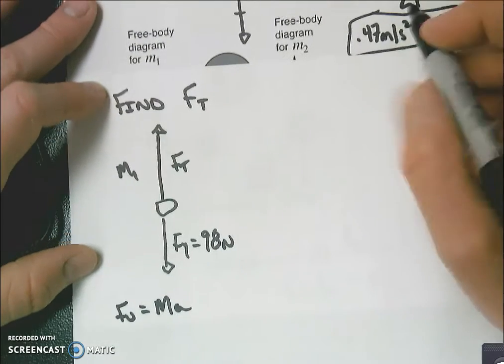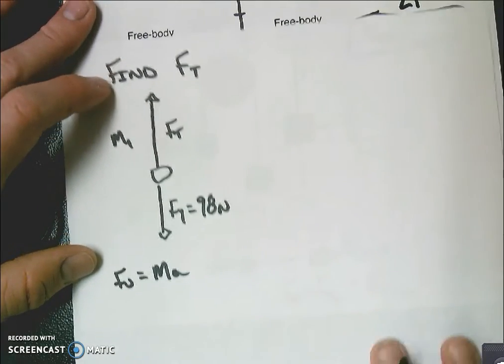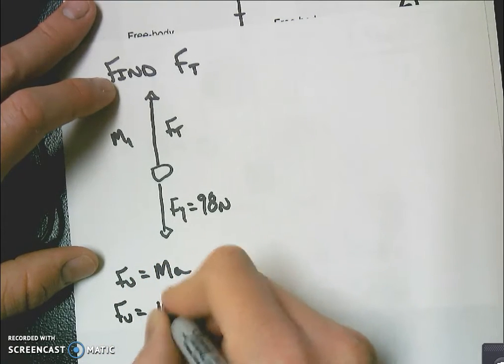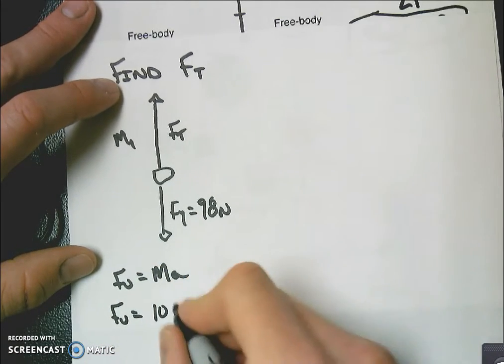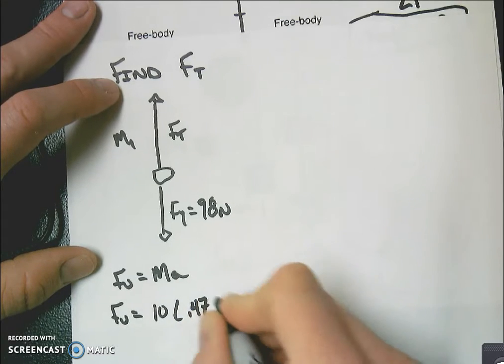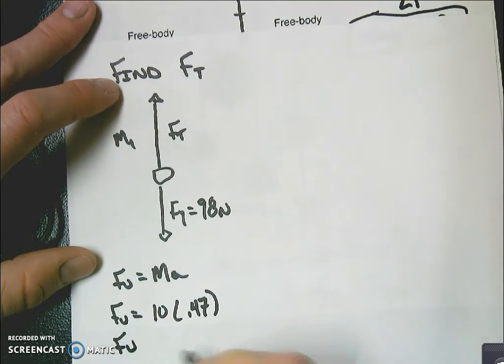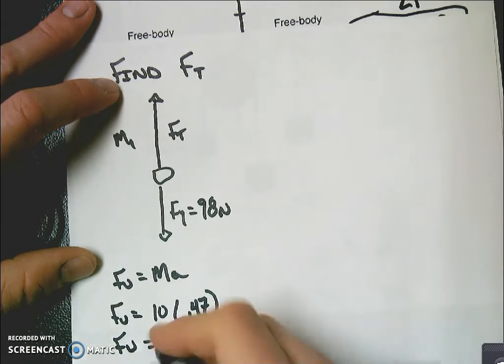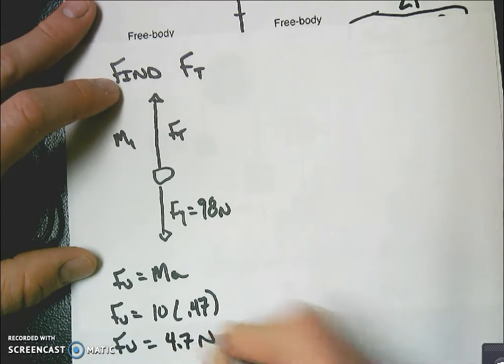So I know my acceleration is 0.47. I know my mass is 10. So my unbalanced force here is going to be mass 10 times my acceleration of 0.47. So my unbalanced force here is going to be 0.47 times 10, 4.7 newtons.